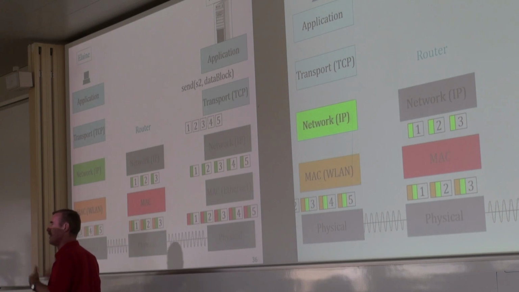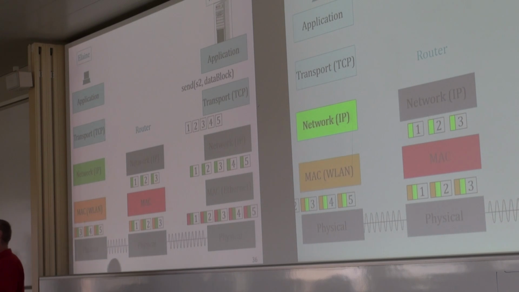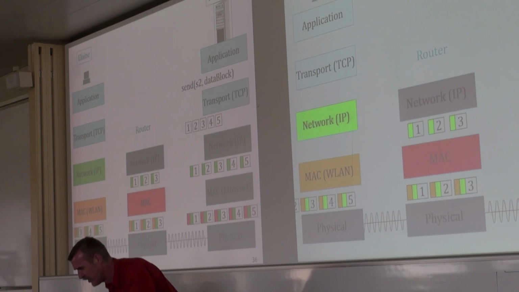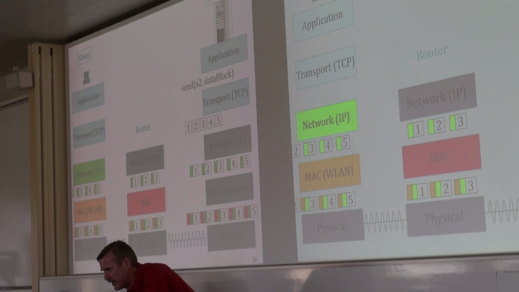All the systems will try to decode it. Only Elaine's phone has the corresponding MAC address and will be able to decode it and will receive it. And then the same thing will happen. The operating system will throw away the Wi-Fi header, will keep only the IP header at some stage. The IP header will be used to see, oh, that's really for me, thank you very much.